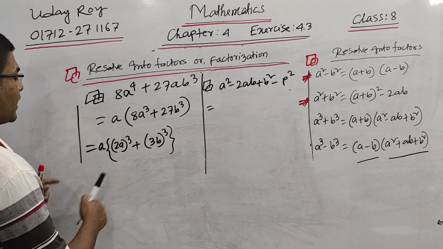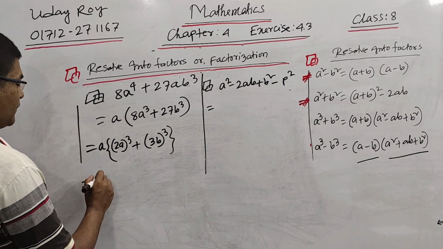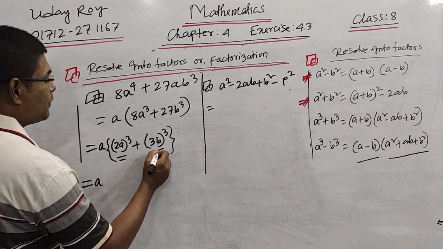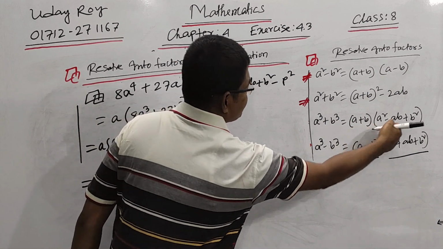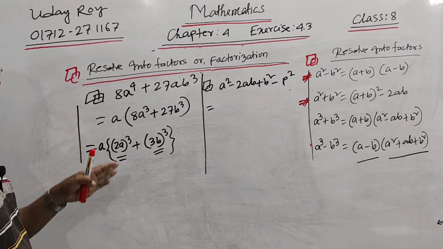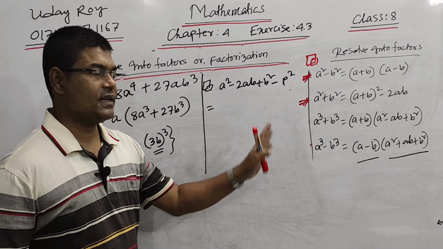So we have got a cube plus b cube. Follow the board. a cube plus b cube equals a plus b, a square minus ab plus b square.